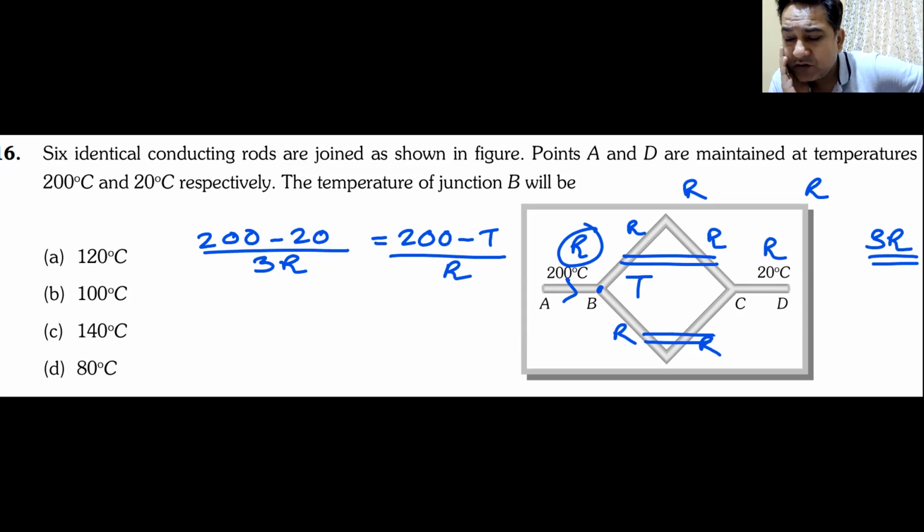From here, you can find out the value of T. R will get cancelled and you will have a simple answer in front of your eyes. I think that is 140. Do you all get this? Can I have some raised hands that we understand this? Great. I hope all of you were able to solve this.